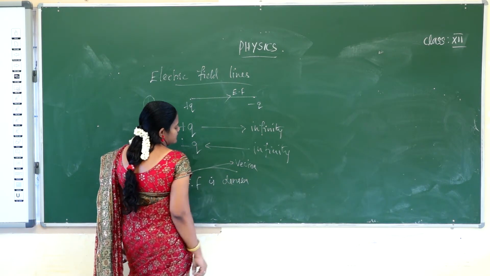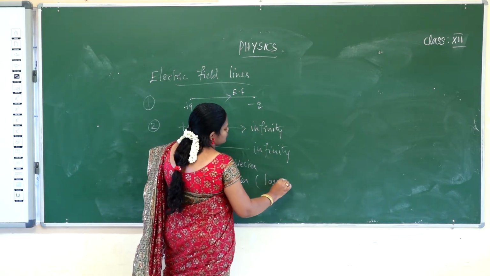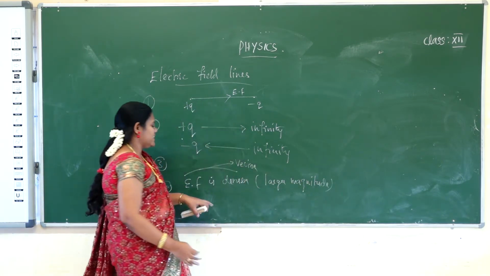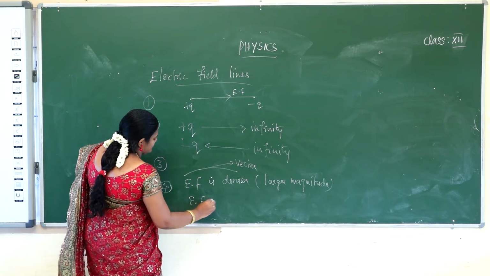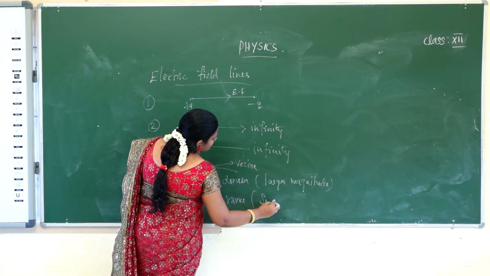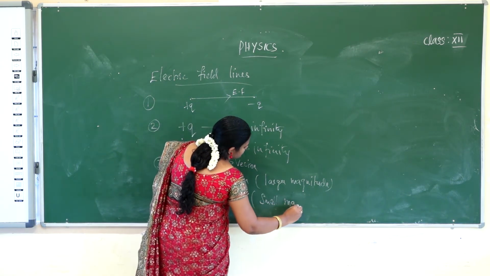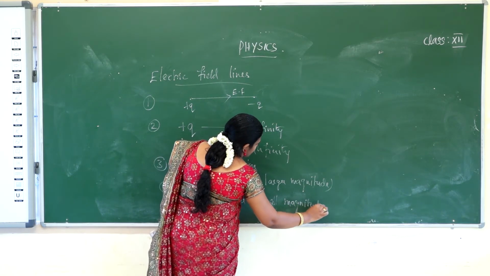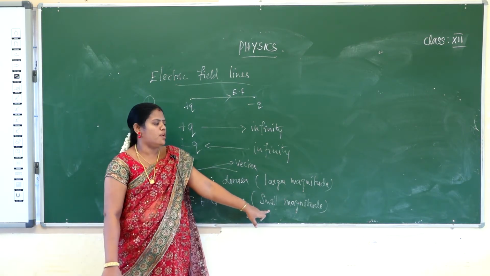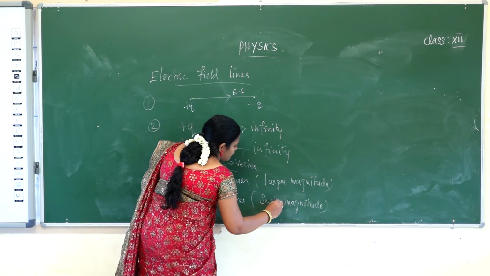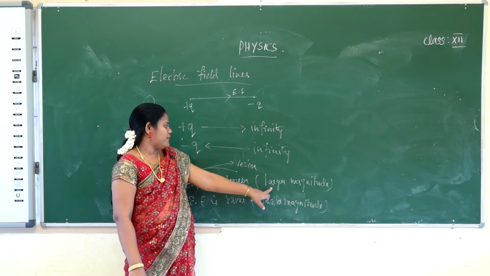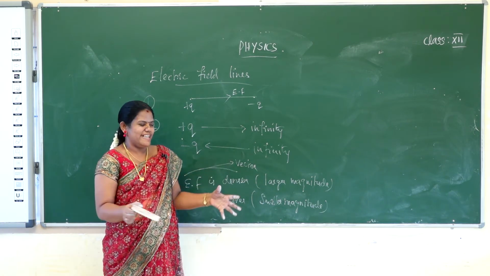When it has a larger magnitude. In places where the values are larger, the field will be denser. The electric field is rarer when it has a small magnitude. So the electric field is denser with larger magnitude, and rarer with smaller magnitude. If the values are small, the electric field is weak. If the magnitude value is large, the electric field lines are very dense.